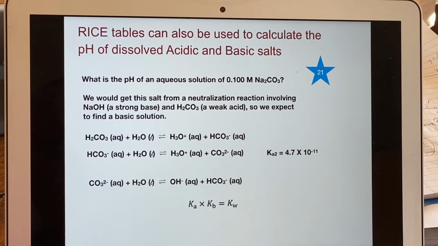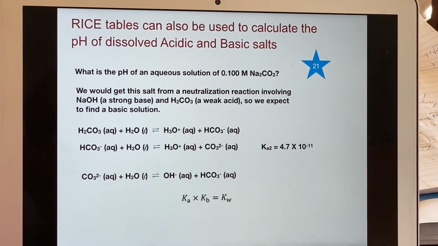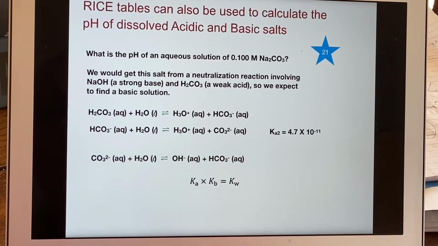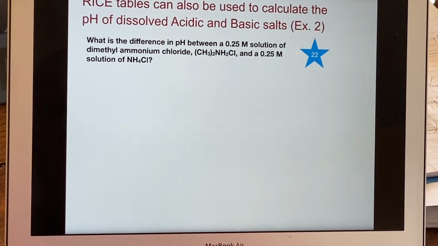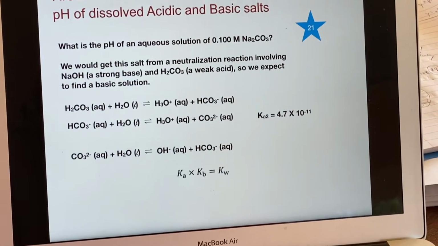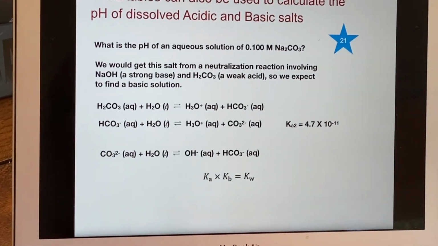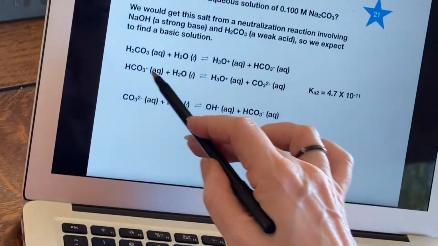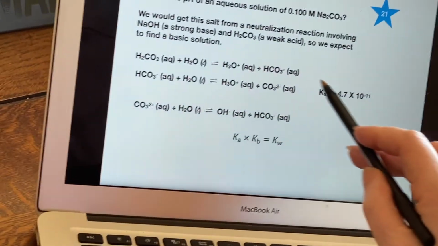What else do I have on this? Oh yeah, a reminder that Ka times Kb is actually the same as Kw. So we expect all the first ionization to get used up, and we're going to be dealing with this sort of thing.